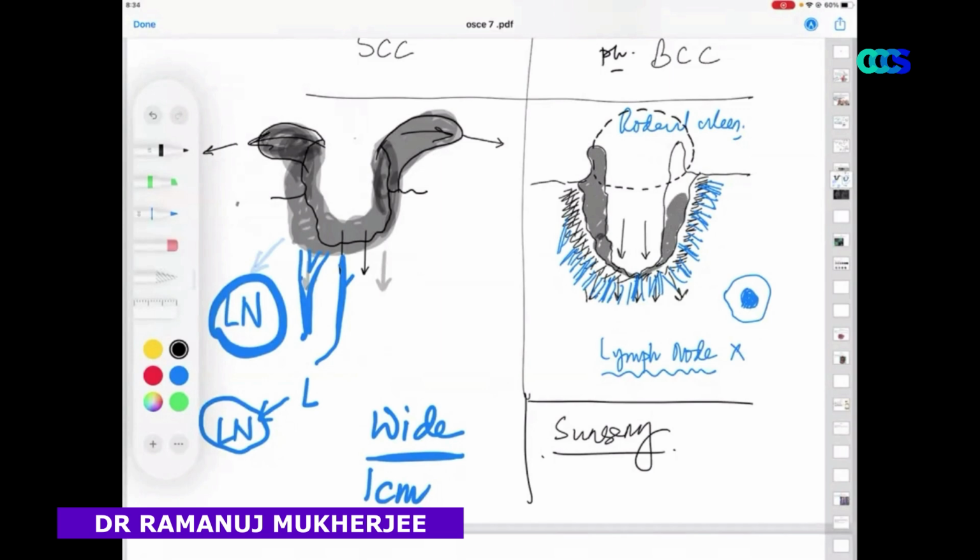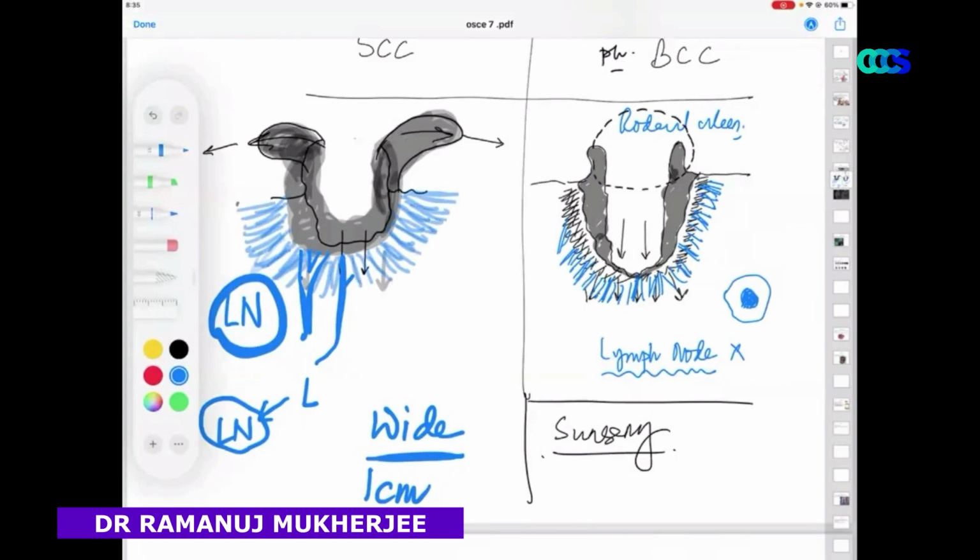So if it is more of a vertical growth, why should you be worried about a wide local excision? Wide local excision is taken because you are more interested in the peritumoral lymphatic spread, as in the stomach. Why do you take a 5 centimeter, 6 centimeter margin? Because you know there would be spread in the submucosal lymphatics.